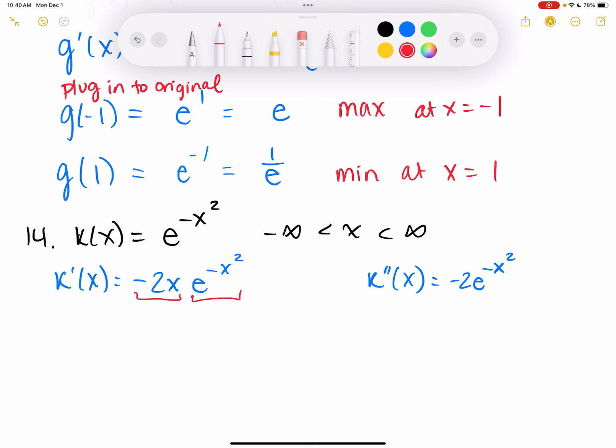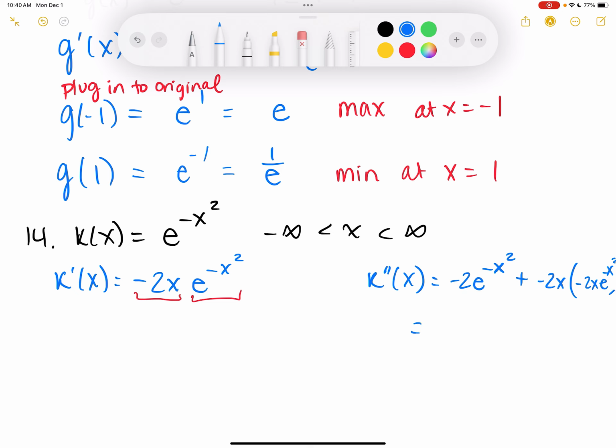Yeah. So the product rule would be the derivative of the first, which is the negative 2, times the whole second piece. And then plus the negative 2x times the derivative of the second piece, which is what you had just found. So a negative 2x e to the negative x squared. Kind of ran off the paper, so I need to smush it together.